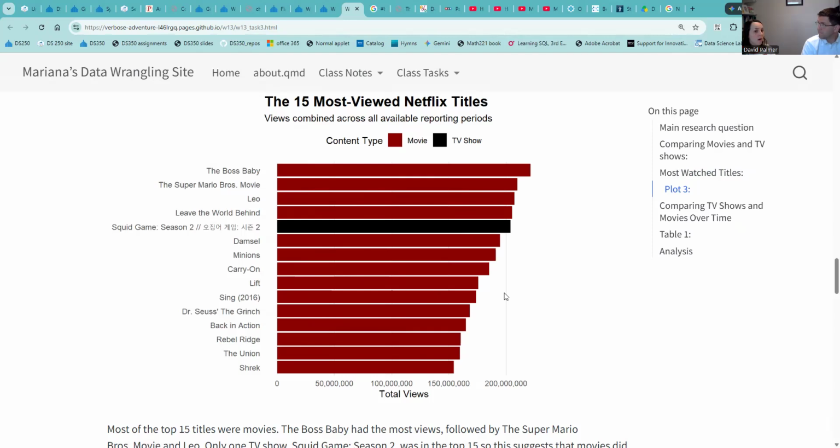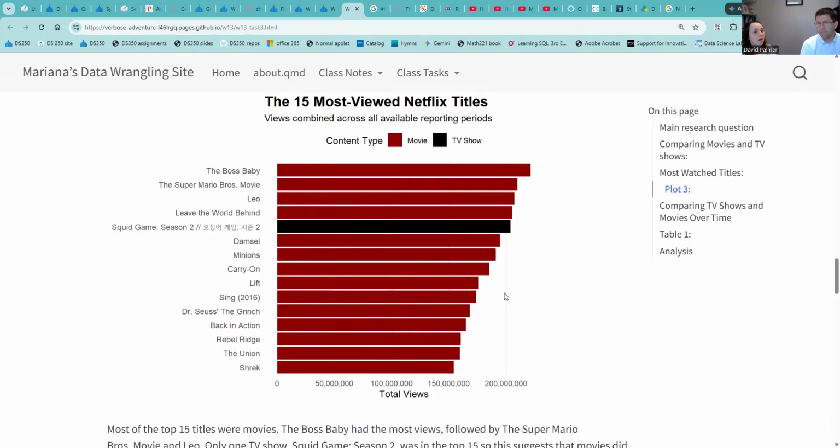Maybe that's what the average American adult wants to see on Netflix, because that's the biggest chunk of people who actually watch Netflix, according to this data. So maybe they want to see something more thought-provoking, something more like Squid Game season 2.